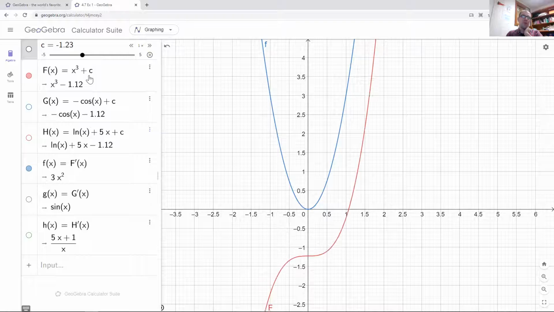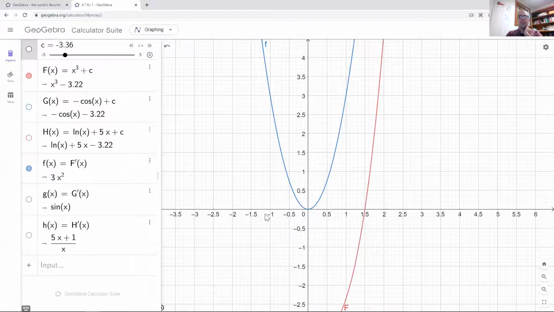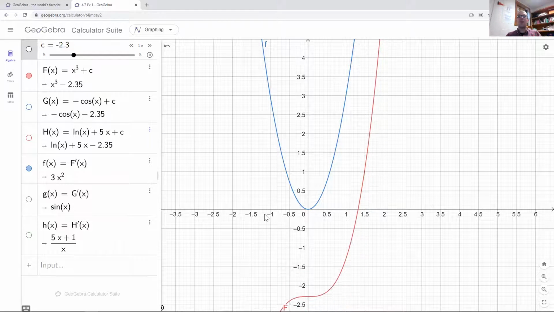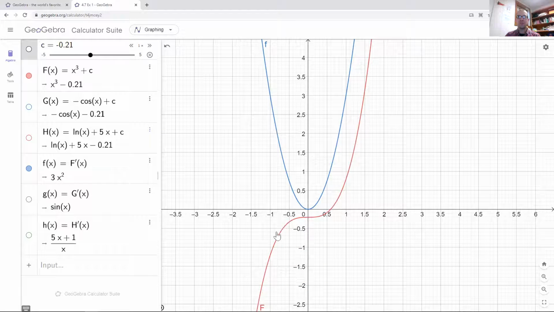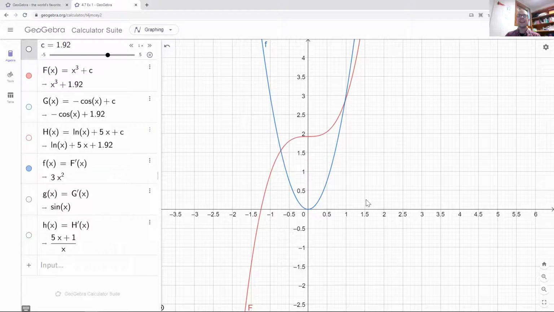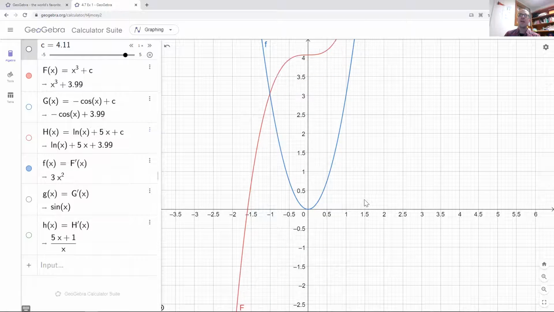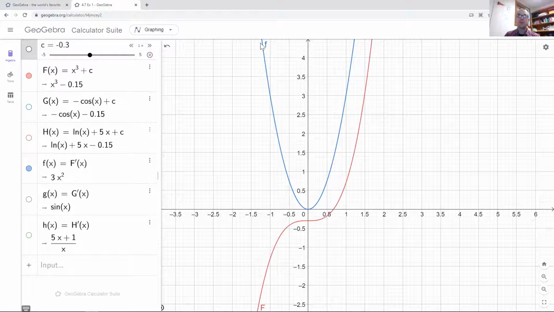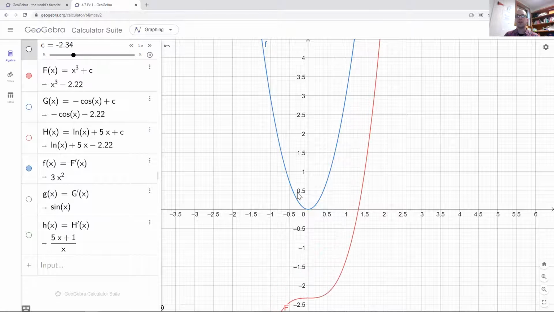Because, when you take the derivative of c, it's just going to go to 0. And so the antiderivative really is a whole family of functions that all look like this. And, no matter how we shift it vertically, the slopes at any given x value don't change, so that derivative doesn't change.